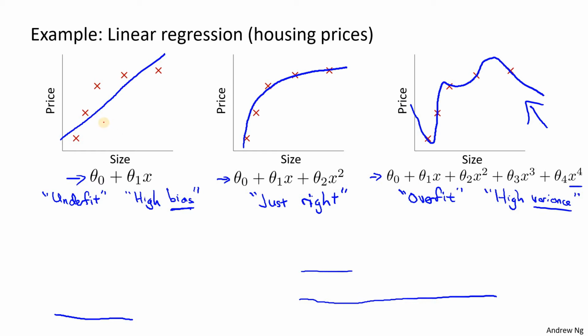Remember, the whole game is that you want to get some idea about the pattern that exists in the data, and you try to represent it with the model that you select. In this case the model was a linear model.